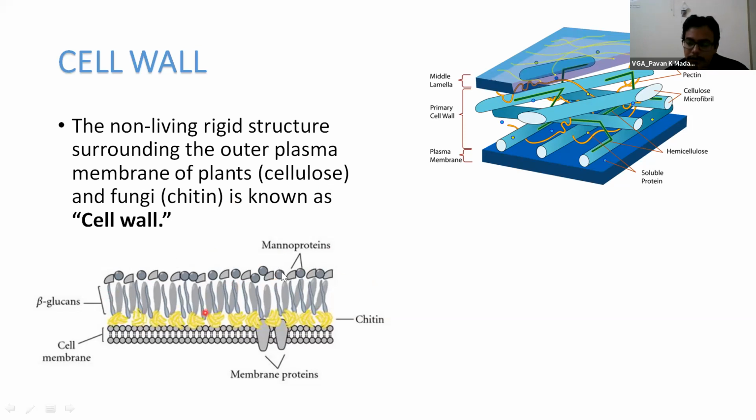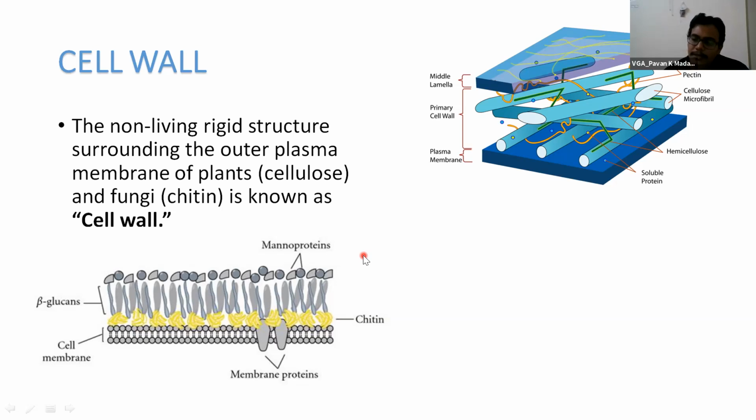mannoproteins and some beta glucans. These mannoproteins are some high-end topics that people will study in higher standards. In simple terms, we know what a protein is: a chain of amino acids is called a protein. It is called a mannoprotein because it is a protein which binds to mannose.